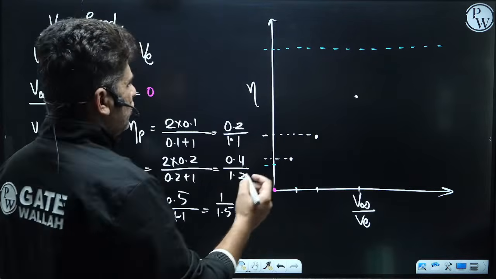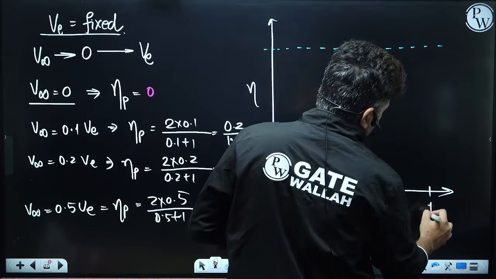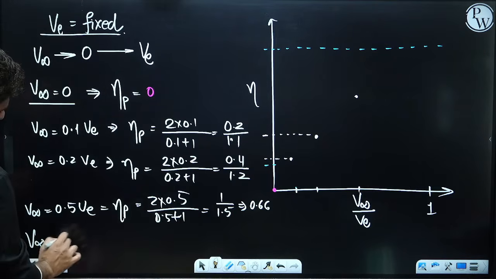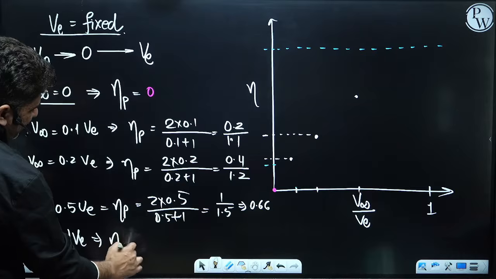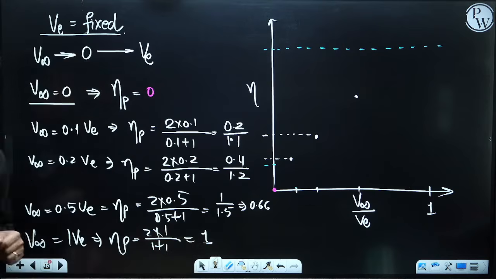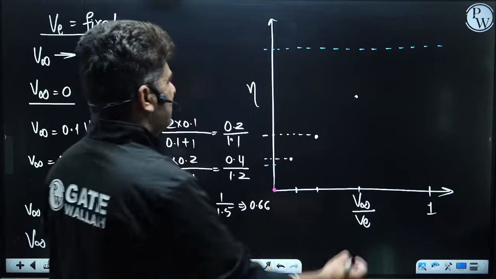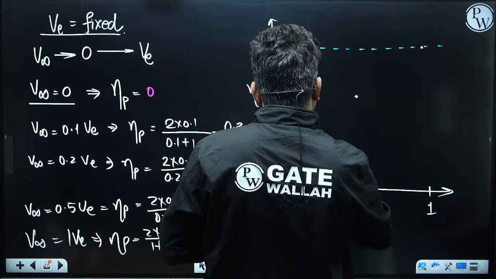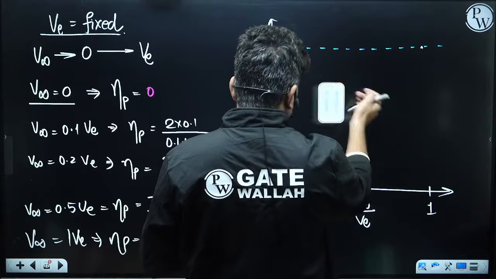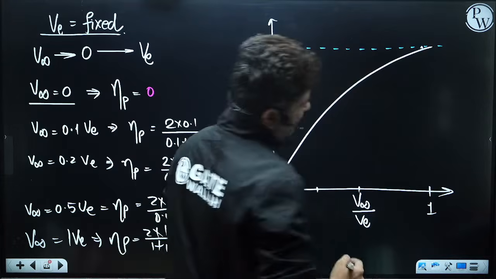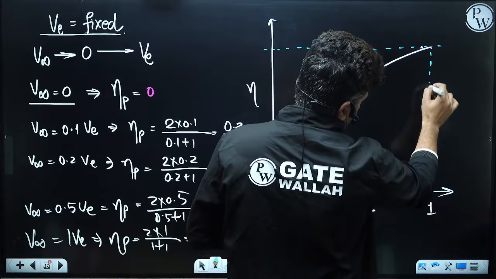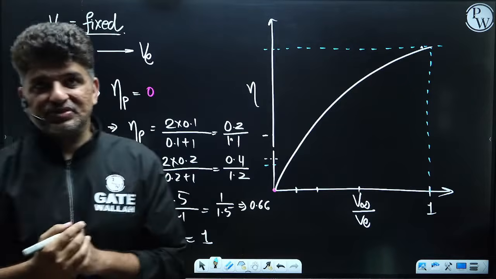And finally, when you reach V infinity equal to 1 times V exit, propulsive efficiency will become 2 into 1 divided by 1 plus 1, that is 100%. So the curve becomes something like this. This is how the graph of propulsive efficiency comes.